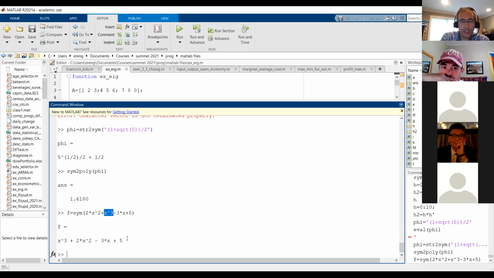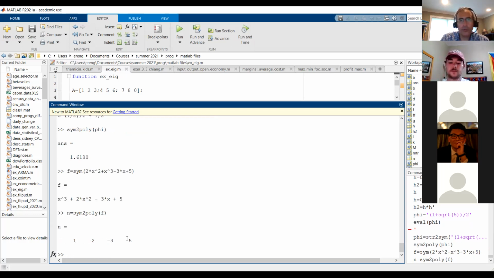All right, now let's do n, a string or sym, to poly of f. Do you remember this one? We were working with this last class. So this is 5 minus 3x plus 2x squared plus x cubed, x to the power 3. Do you agree? Do you remember that?